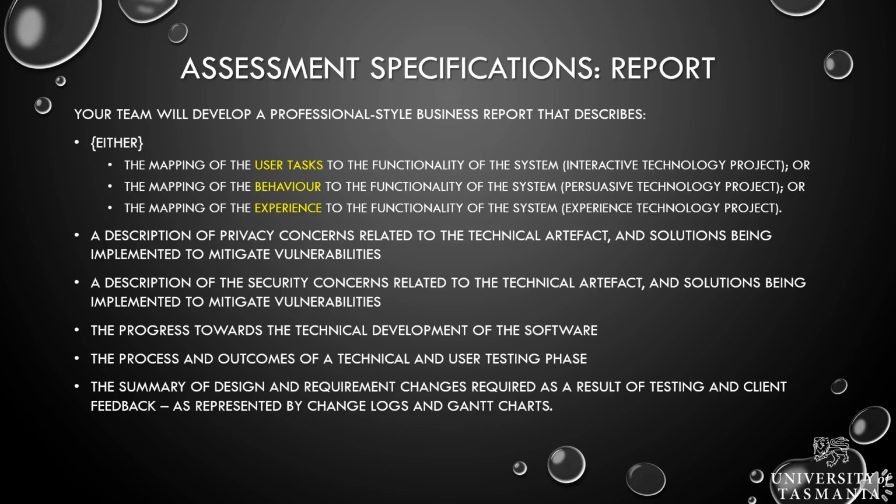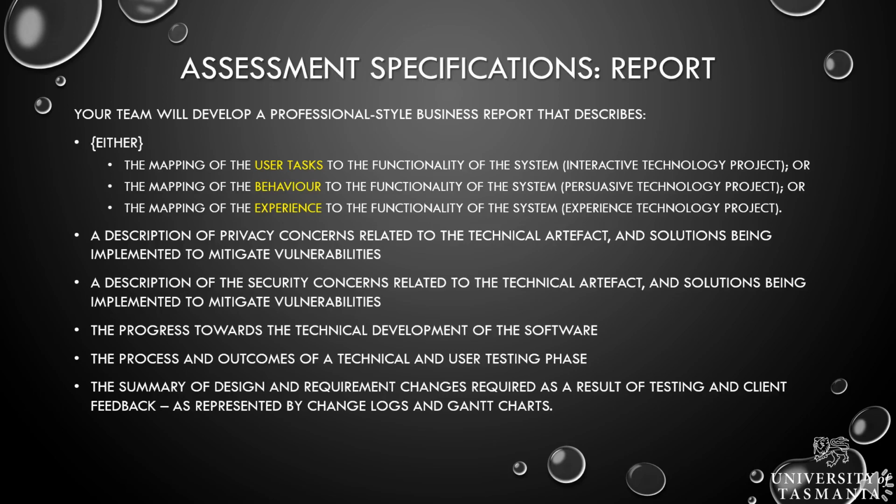What are you doing in your technical artifact to limit the impact of any of those vulnerabilities? How are you protecting data? How are you validating content that goes into your site or whatever it might be? So this is where we're expecting you to explore both security and privacy, assessing your site or your technical artifact against those characteristics and developing a plan to mitigate any risks.